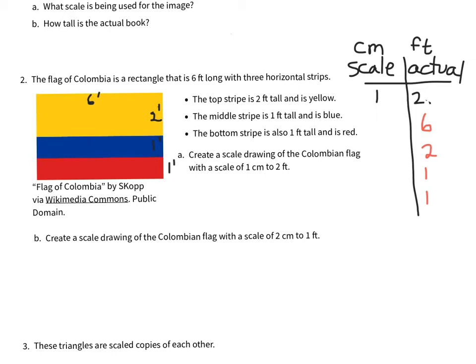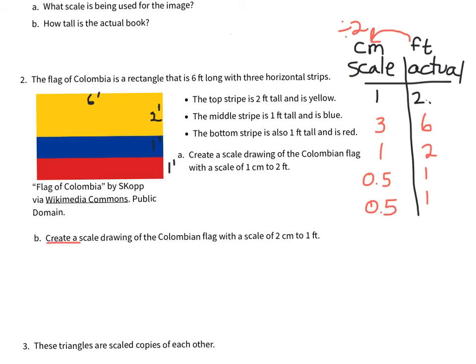So as I'm scaling this from feet to centimeters, I'm going backwards. To go from 2 to 1, I'm dividing by 2. So for my scale drawing, I should have 6 divided by 2. That should be 3 centimeters. From 2, I'm going to scale that down, dividing by 2. I get 1 centimeter. And 1 scaling it down, I get half a centimeter, right? And same thing for the blue stripe.